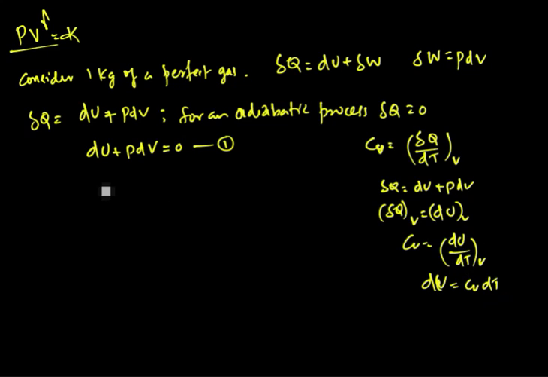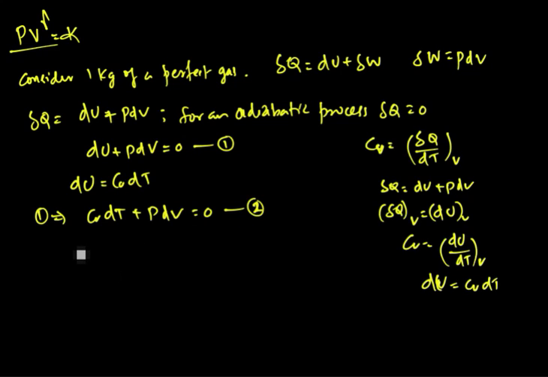So we can take dU is equal to Cv into dT. So equation number 1 becomes Cv dT plus P dV is equal to 0. That will be equation number 2.